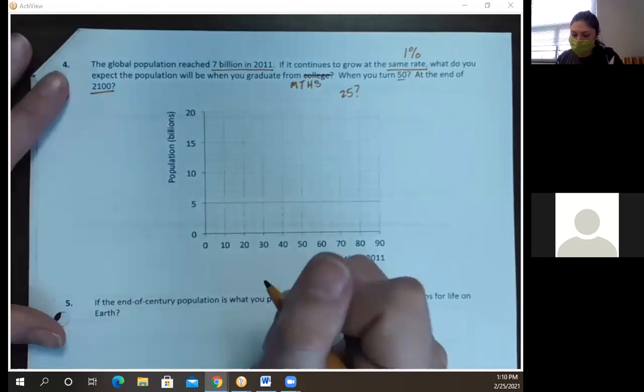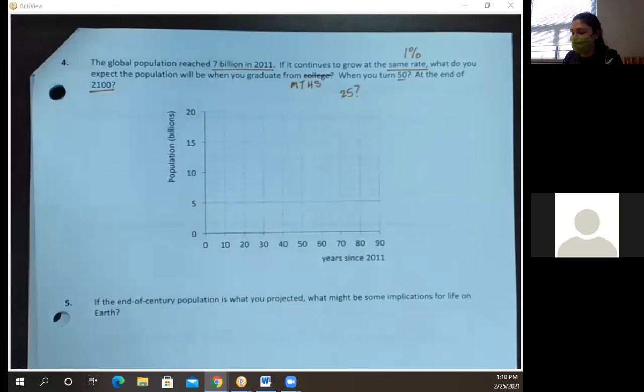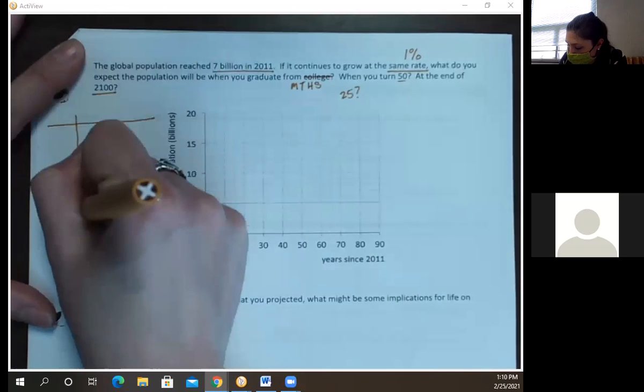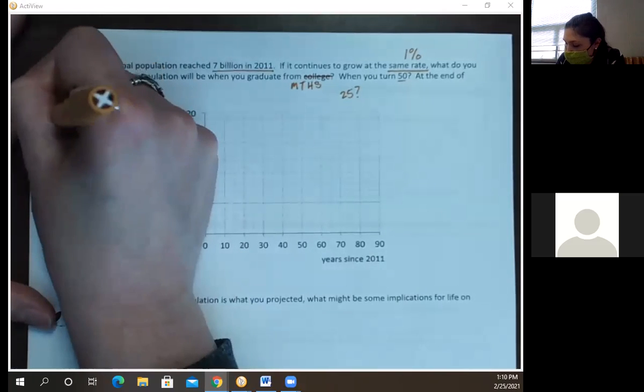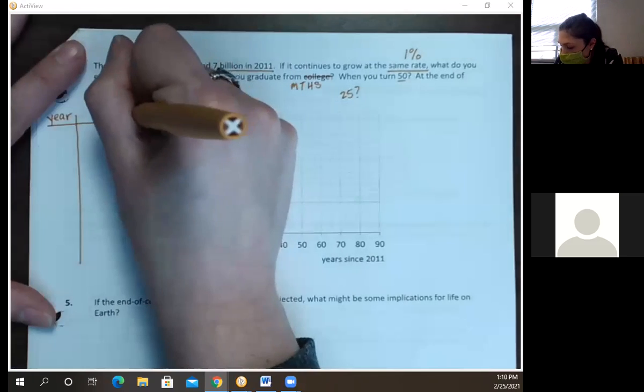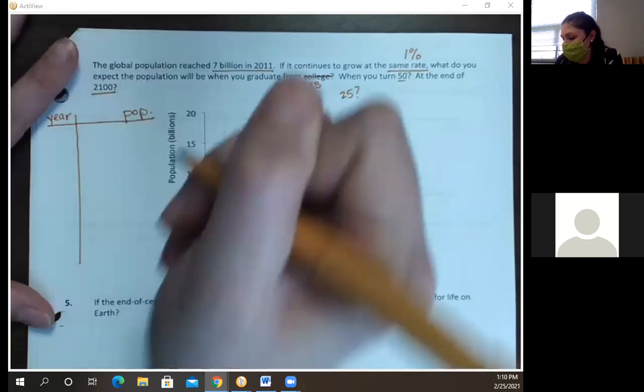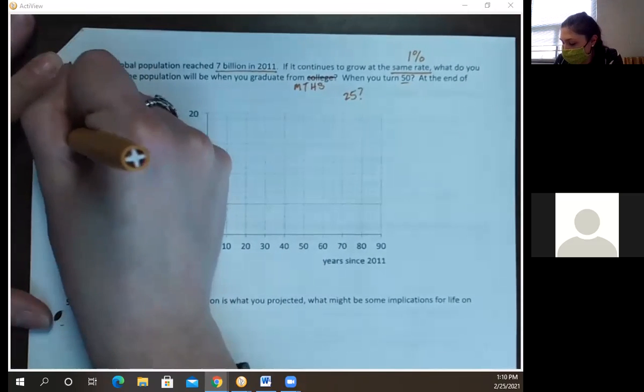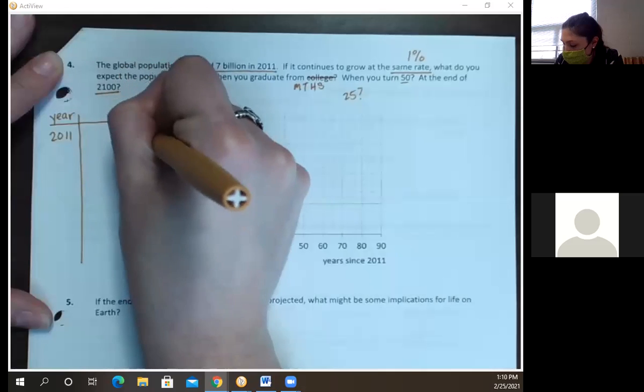So what we're going to do is make ourselves a little table, because remember, we can always graph by making a table. So we're going to look at, for a few different years, what do we expect that population to be? So in 2011, it was 7 billion.